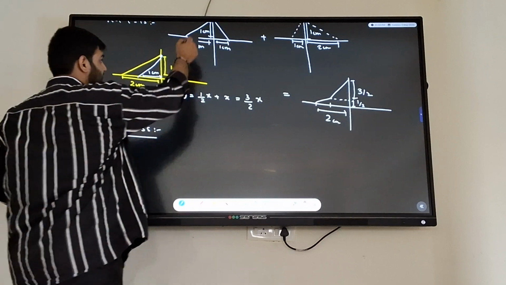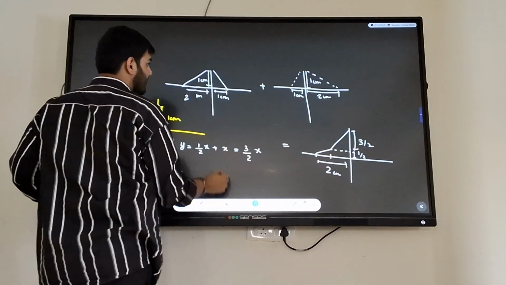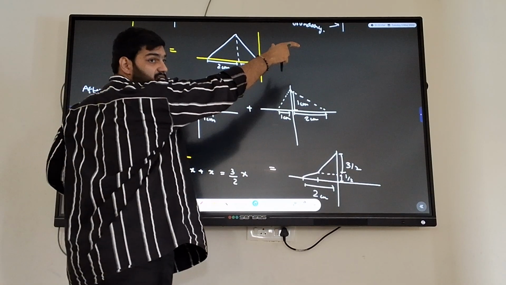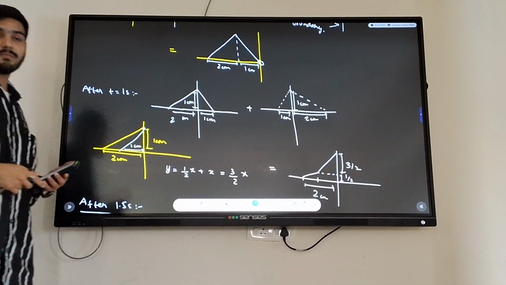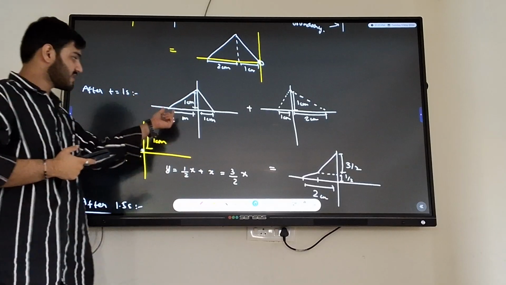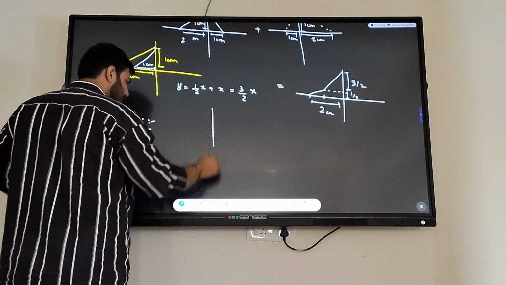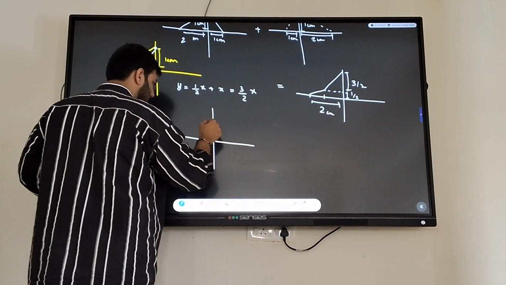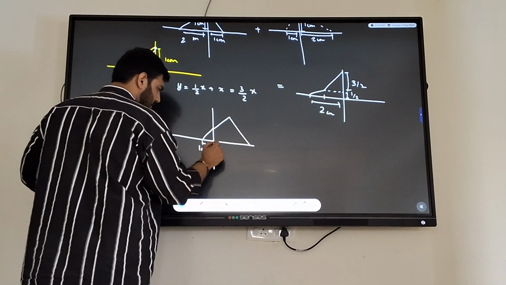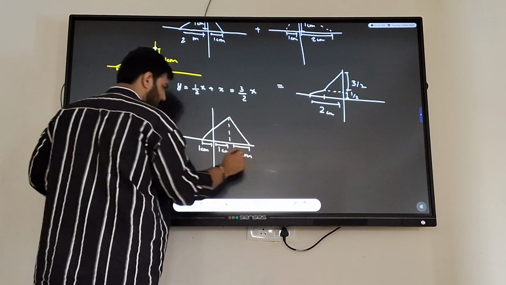The whole thing will be on that side. 1 centimeter this side, 2 centimeter that side. Okay. So I think the wave will look like this. Is it correct? Yes. 1 centimeter this, 1 centimeter this, 1 centimeter this.